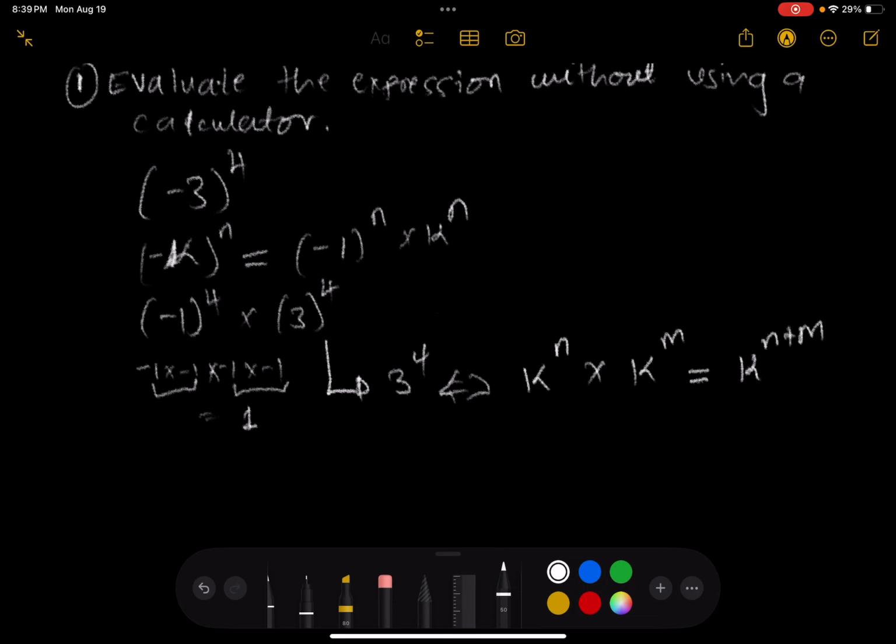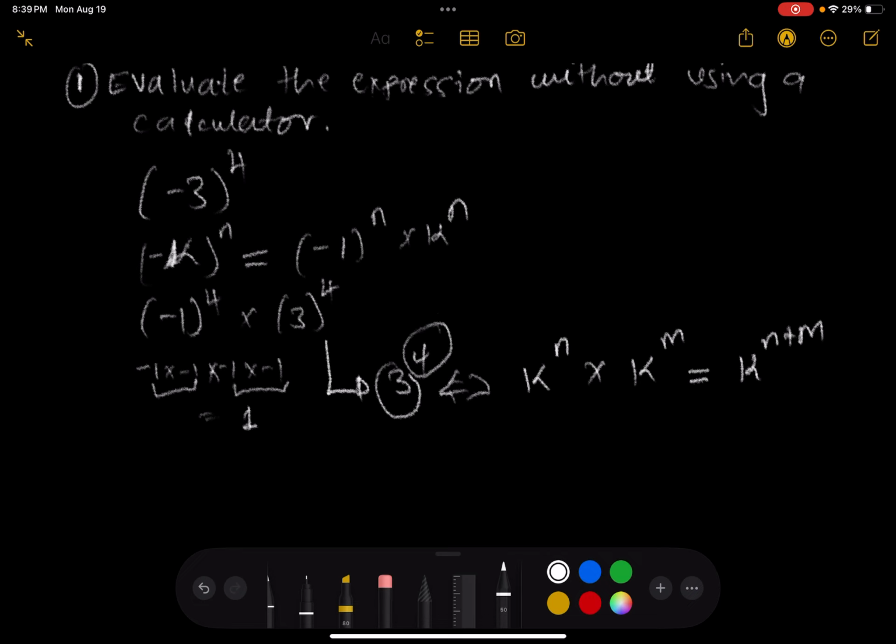So what you're going to try to do here is find another base of 3. In other words, you're going to try to simplify the expression by looking at the power and looking at the base.